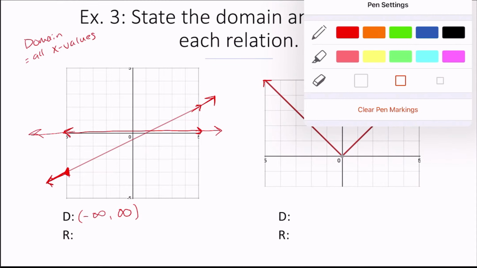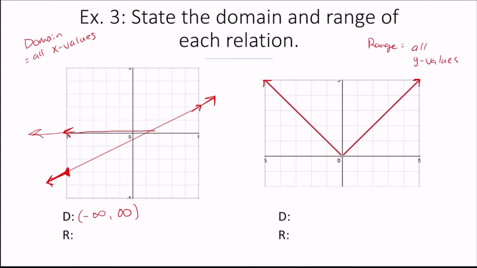So the domain of this graph, as best we can tell, is from negative infinity to positive infinity. Another way that we can write this is to use this symbol. It's like an R with two vertical lines. And this means all real numbers.